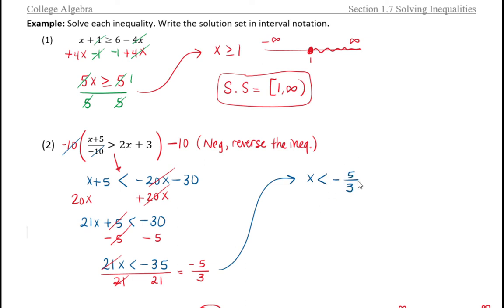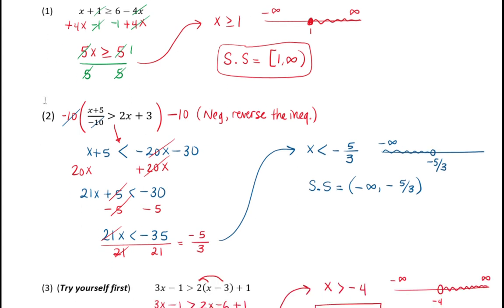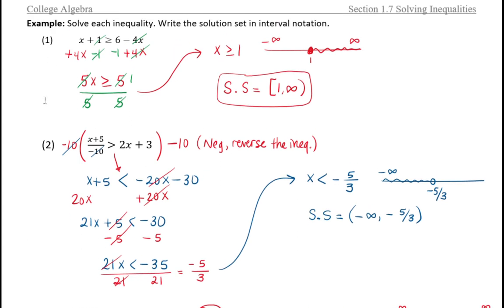It's less than, and -5/3 is not included, so I have here -5/3, and I need to take all the ones less than that, and that side is -infinity. So the solution set for this problem will be simply (-infinity, -5/3). So that's the solution set for this problem, and I hope that problem is clear.